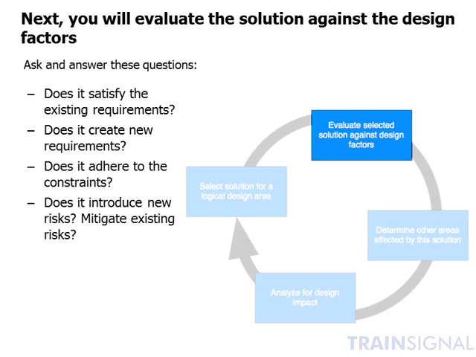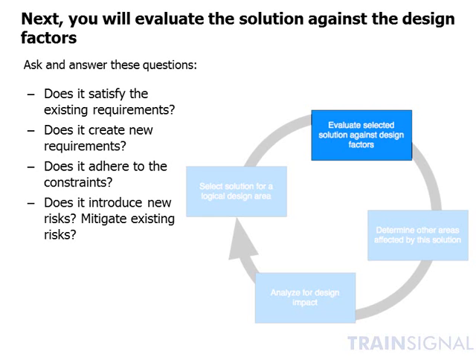If you've chosen a particular storage technology, does it introduce risks anywhere else? Does it introduce risks to your backup or availability solutions? Does it introduce risks to your performance or functional requirements? Does it mitigate existing risks?